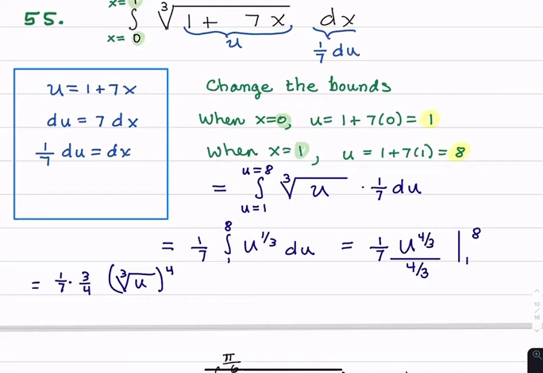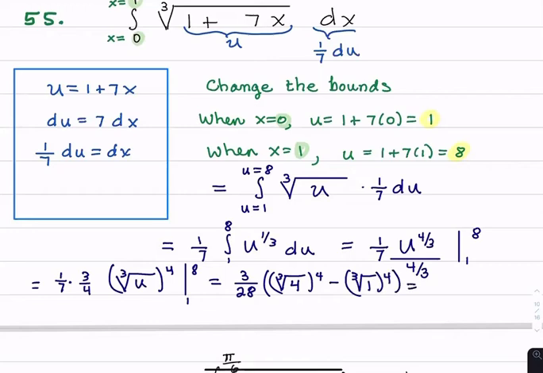It's also u to the 4th power then the third root, but I think it's easier to take the third root first. Let's multiply this. 3 times 1 is 3, 7 times 4 is 28. And then I'll have the third root of 4 to the 4th power minus the third root of 1 to the 4th power.